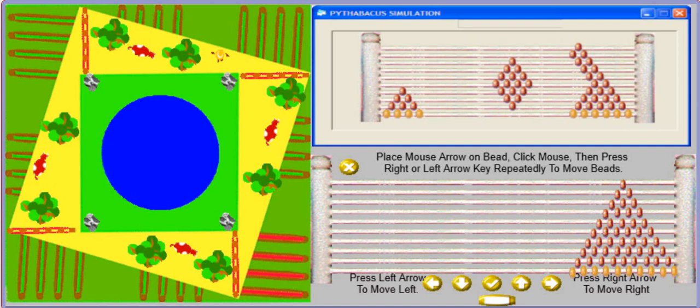The Pythagorean theorem states that length A squared plus B squared should equal C squared. So let's continue.